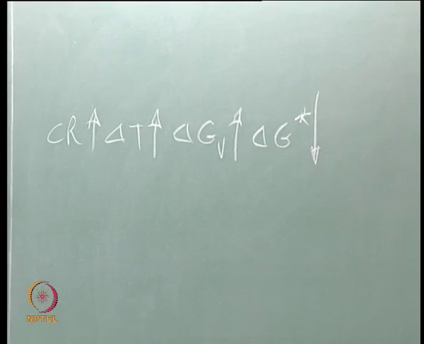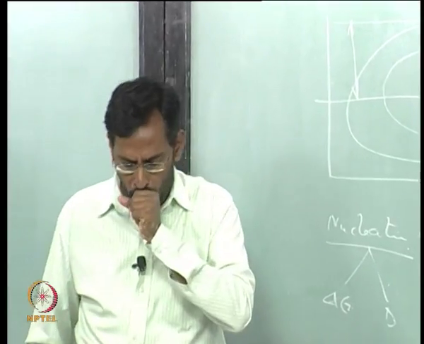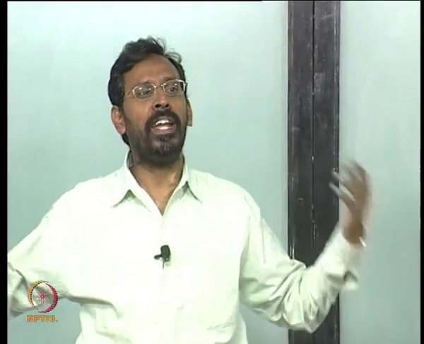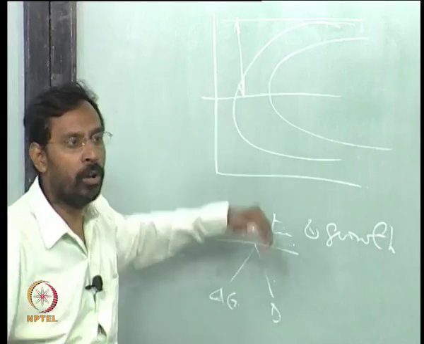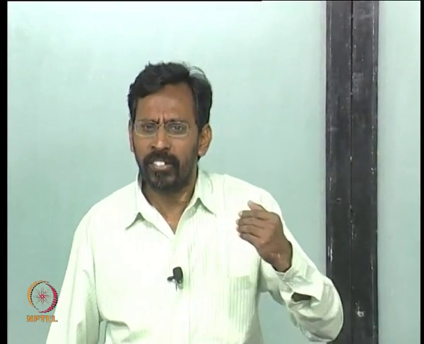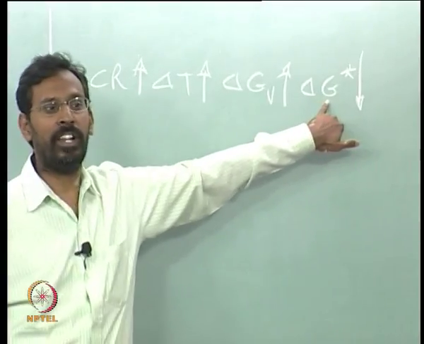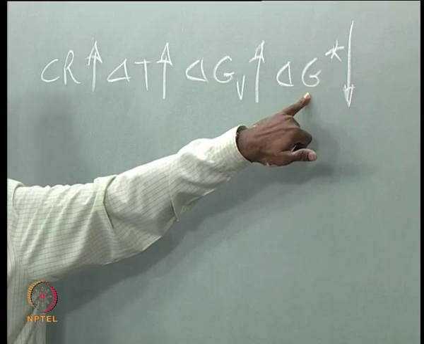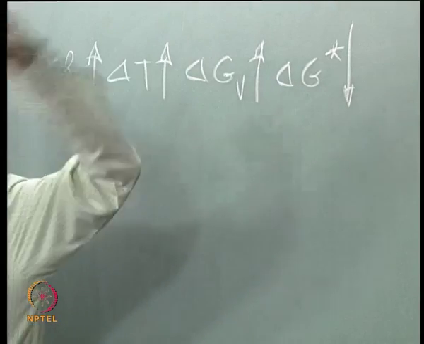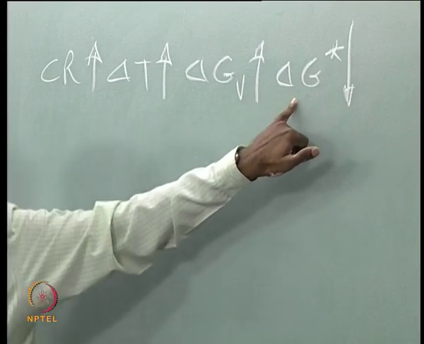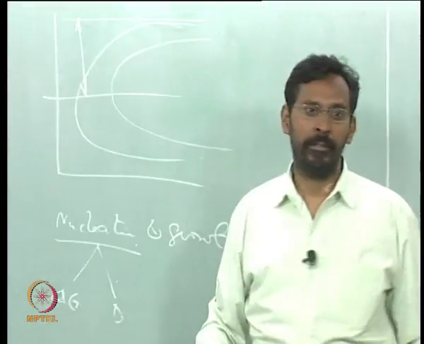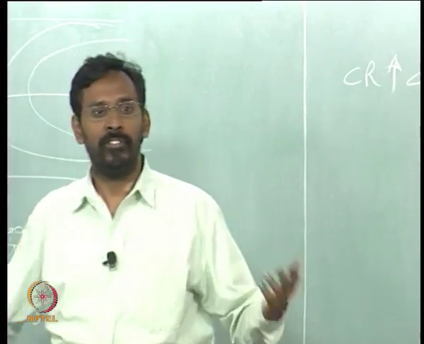The temperature in this domain is high enough for the delta GD not to be really dominating, because we are still not in a low temperature domain where diffusion starts dominating. So diffusion can still occur because we are at high temperatures, and it is delta G star, not delta GD, which decides the nucleation rate in this portion, and that is the reason you see a finer grain size.